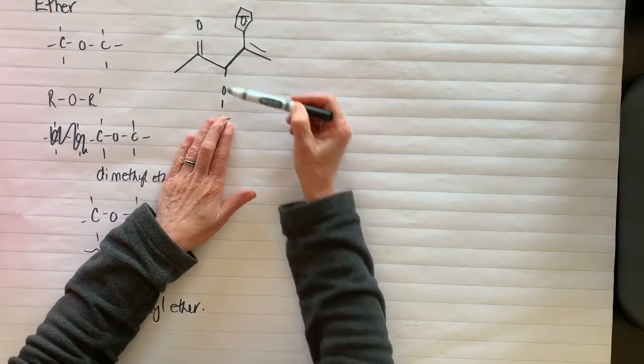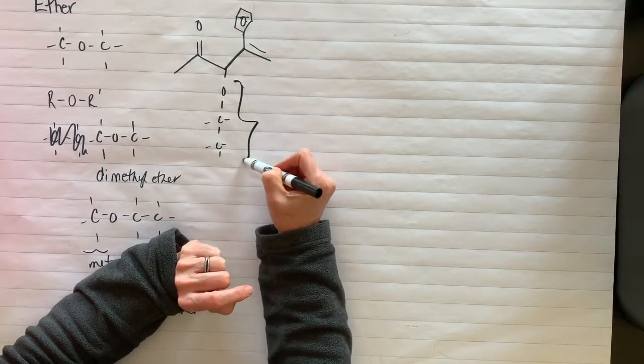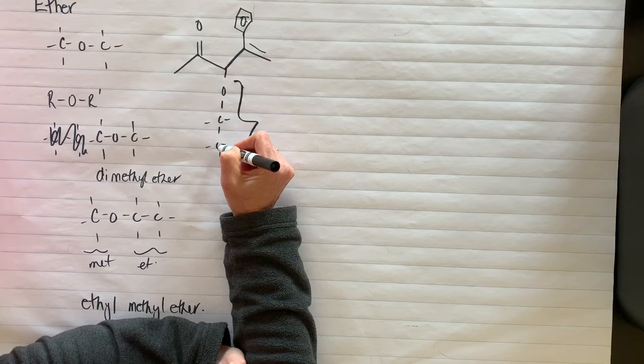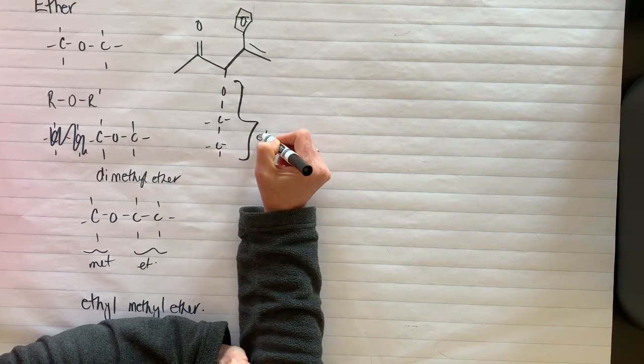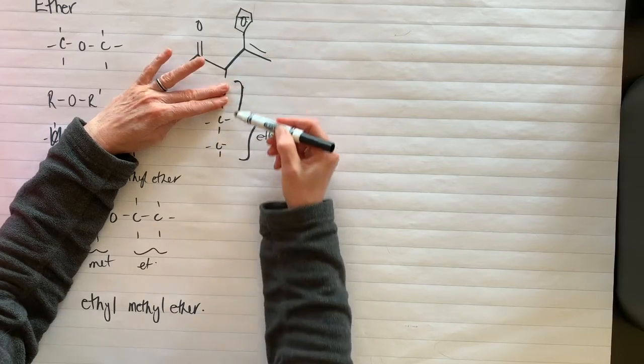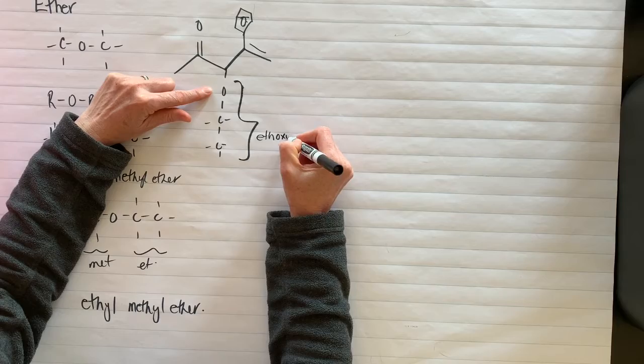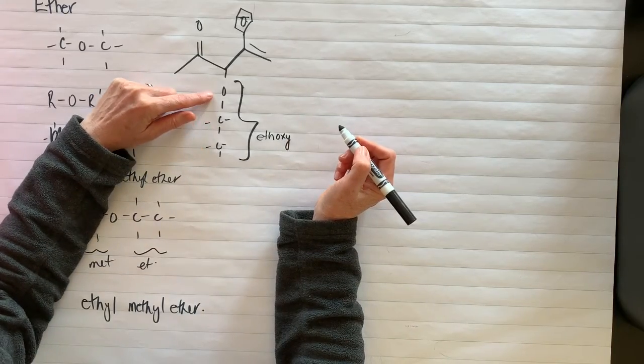This is an ethyl group, but what in the world would you name this? You can use the cheating method. Remember, 2 carbons in a row would represent an eth group. Now it's not 2 carbons joined to the parent chain, it's 2 carbons and an oxygen. So this group becomes an ethoxy group.